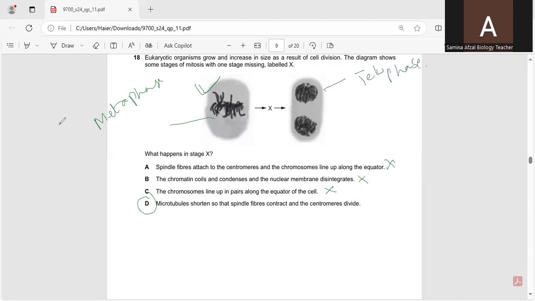The microtubules shorten, and the chromosomes move towards the opposite poles. In this way the microtubules get shorter. So D is the correct option.